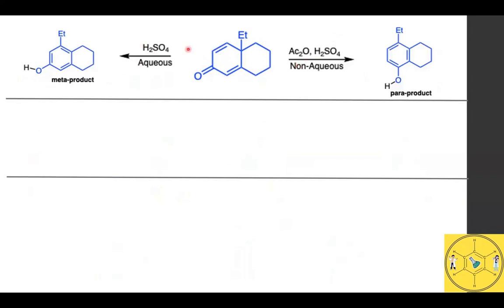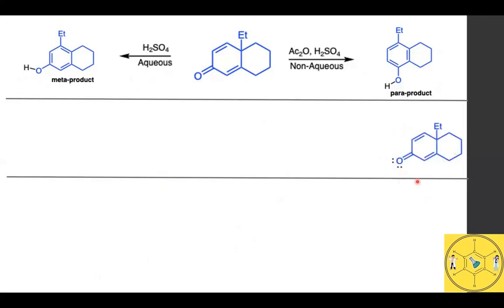Here, when you use aqueous reaction conditions, you will get the meta product. When you use non-aqueous reaction conditions, that means acetic anhydride and sulfuric acid, you will get the para product. Now you will see the mechanism.